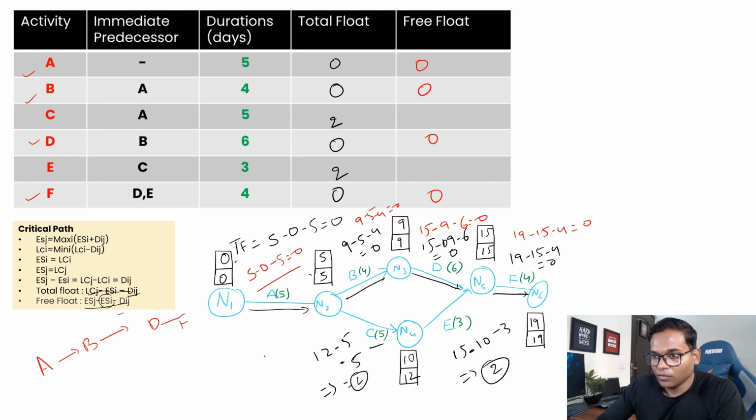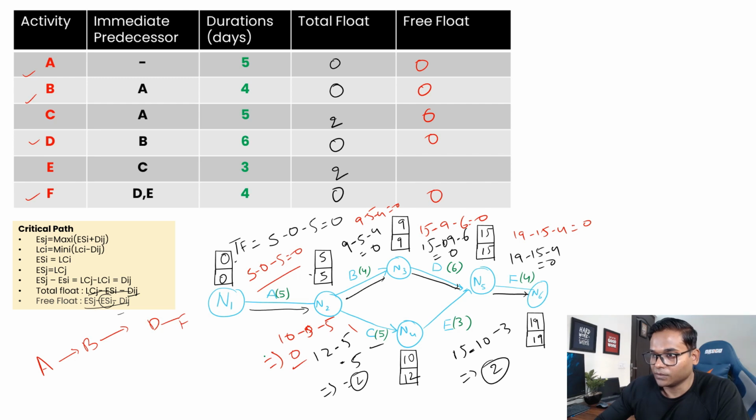Now for free float for this one, let's calculate for this. So free float for C would be 10 minus 5 minus 5, right? Which is your 0, right?